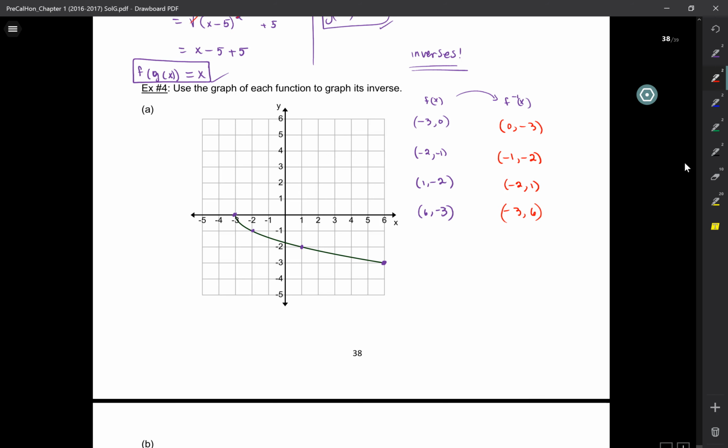So x is 0, y is negative 3. X is negative 1, y is negative 2. X is negative 2, y is 1. X is negative 3, y is 6. Okay, and now we graph.